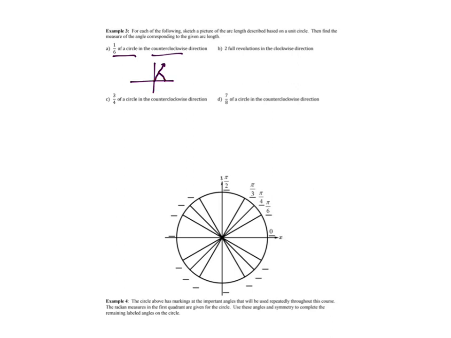Okay. So what's theta? Theta is going to be 1/6 times 2 pi times r, which is 1, divided by r, which is 1. So 1/6 of 2 pi simplifies to be pi over 3.